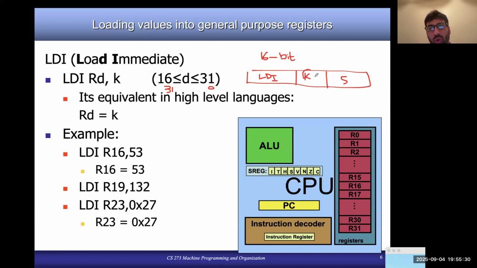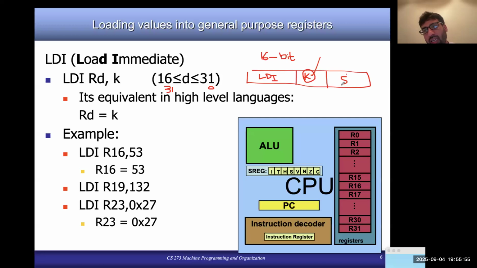I am not sure what the allowed range for K is. If that range and the register size together take a number of bits such that it becomes greater than 16 bits, then you cannot allow all 32 registers.